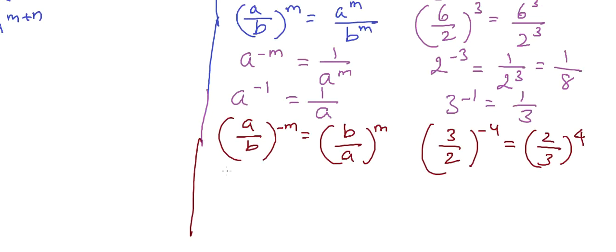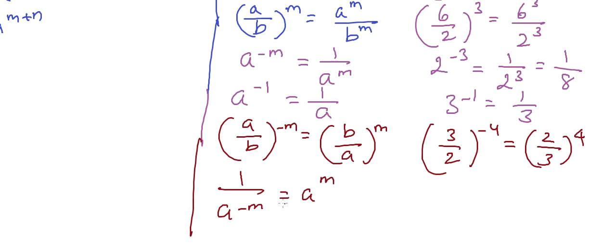So just like a power minus m is equal to 1 by a power m, similarly 1 by a power minus m can be written as a power m. So the sign of the power will change if it is brought to the denominator, or numerator and denominators are interchanged.